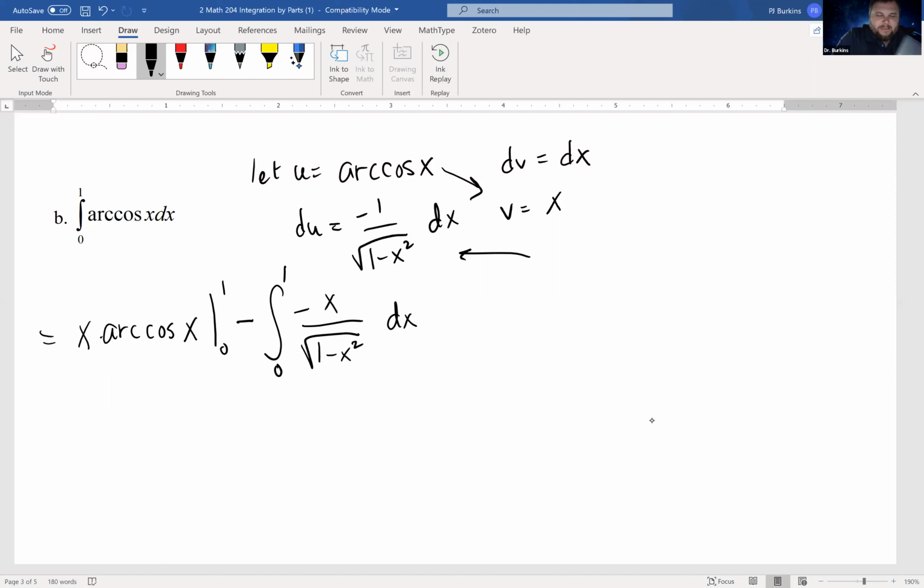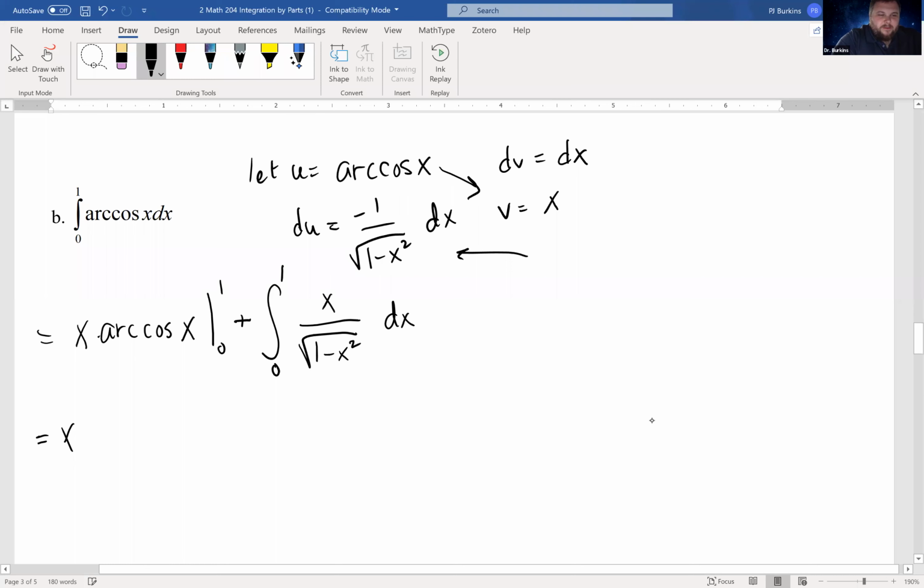These two minus signs here can be combined and make this plus. And rather than evaluate the first piece, I'm just going to bring it along for the ride. And I'm going to integrate the second piece and then evaluate everything from 0 to 1.